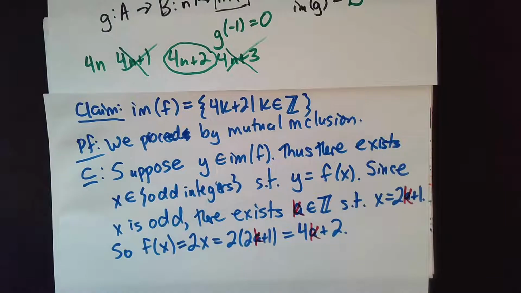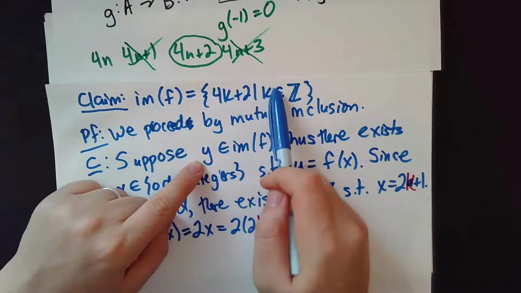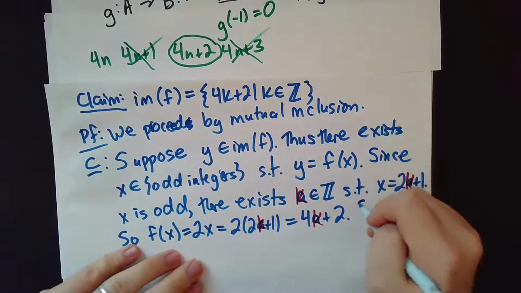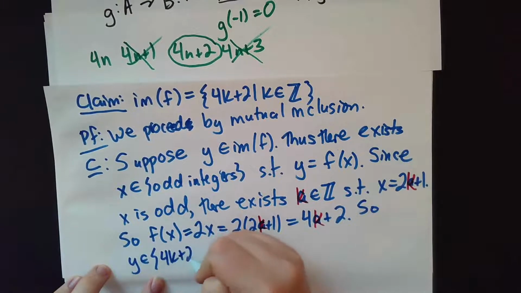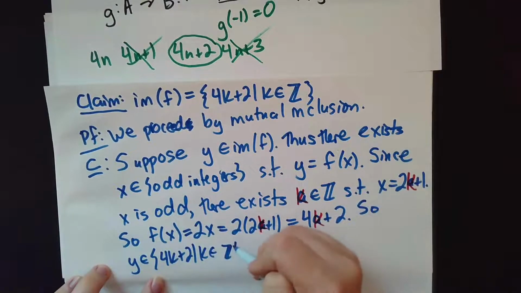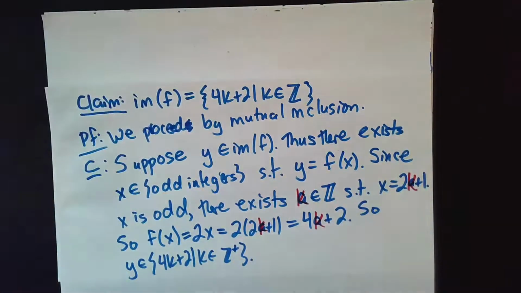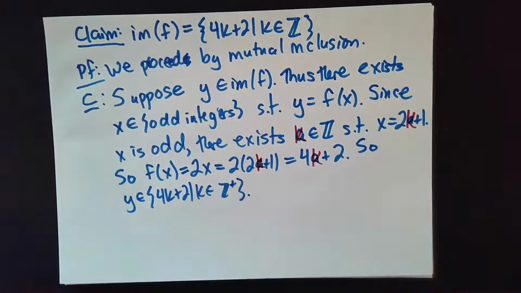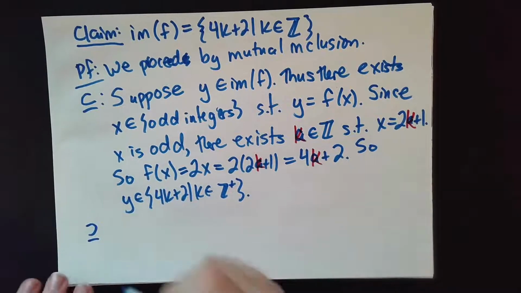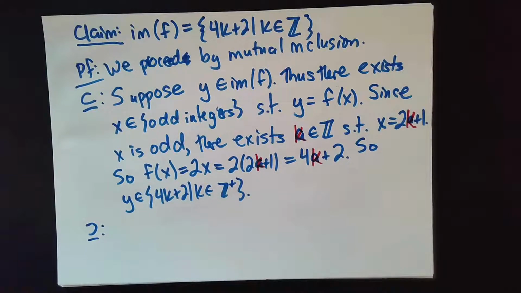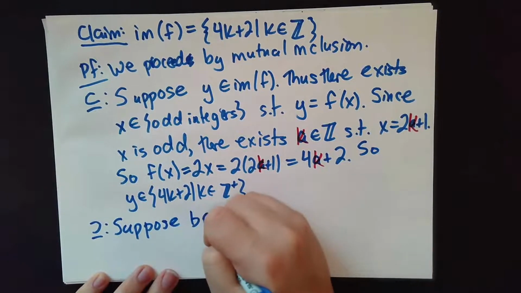Okay, and so what have I shown? I've shown you that y, that I supposed was in the image of f, is actually in this set. Okay, so we can go the other direction too. So we'll suppose b is in this set.